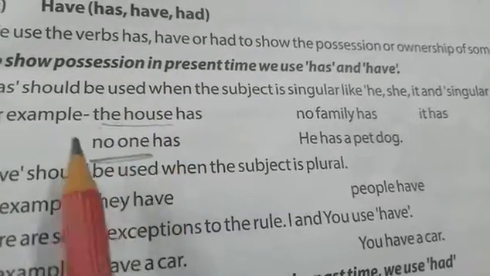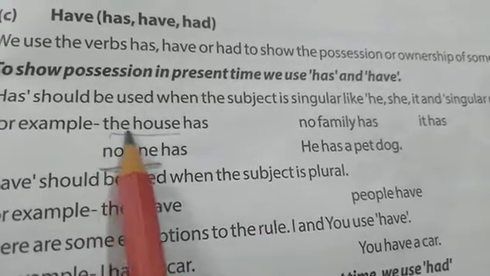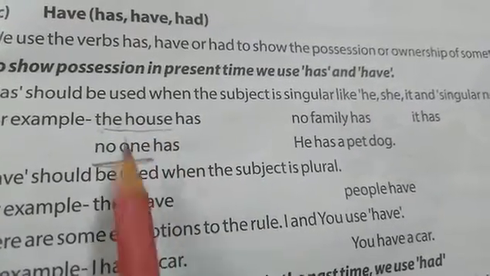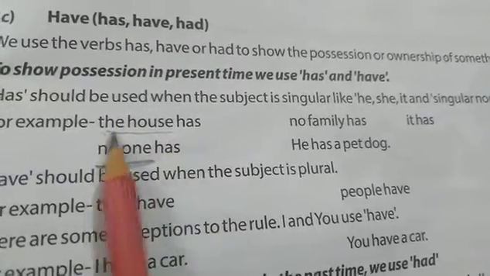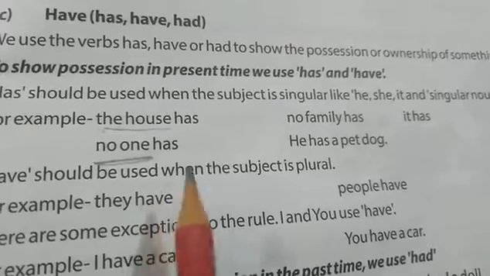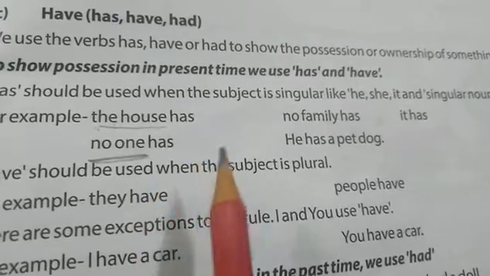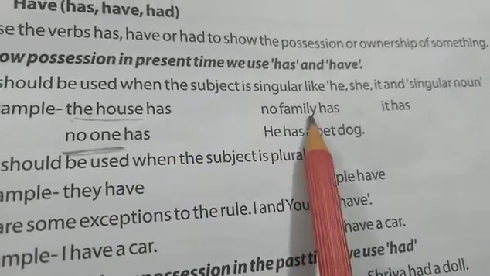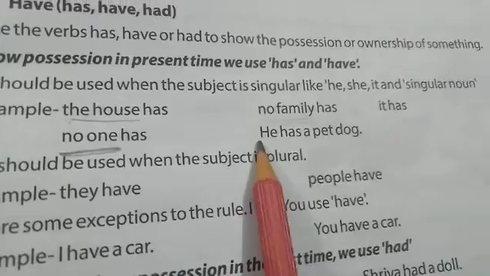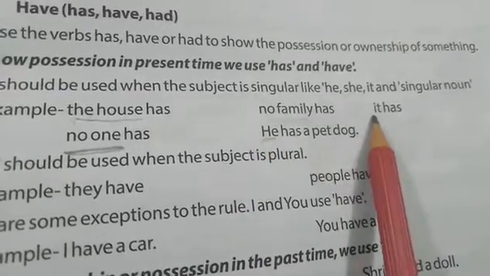The number of the subject can be singular or plural. Here the number of the subject is singular. The house, one house. No one, we are talking about particular individual persons here. No family, any particular family, we are indicating all the families individually. He is the singular person here, then it.